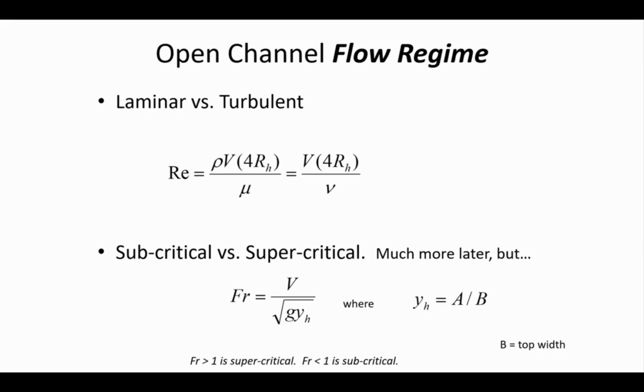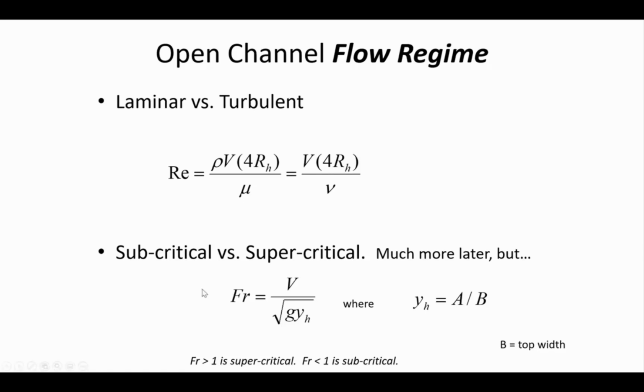Froude number tells you whether the flow is supercritical or subcritical. There are lots of different formulas depending on whether you know the flow rate or the velocity, or if you have a rectangular channel or a trapezoidal channel.